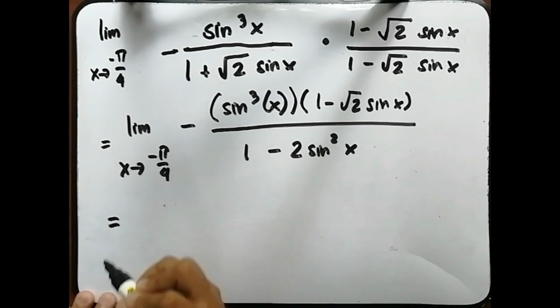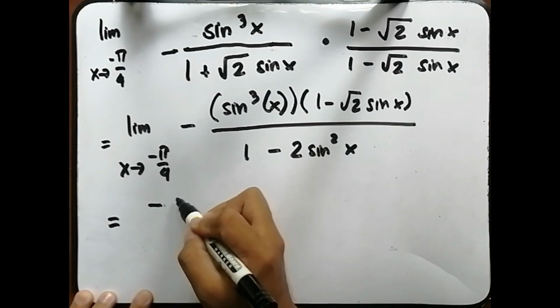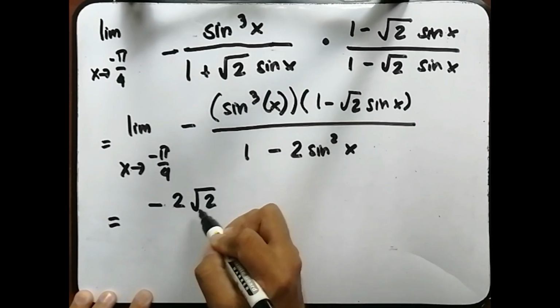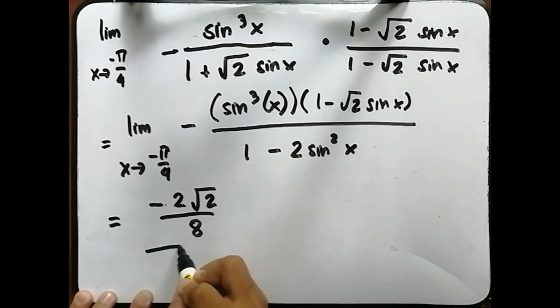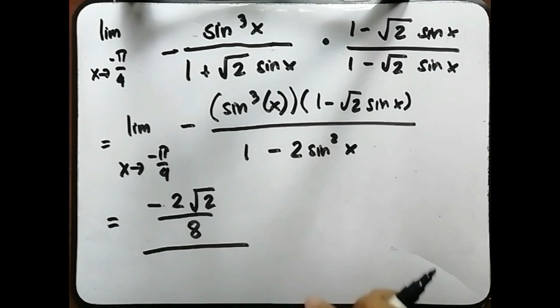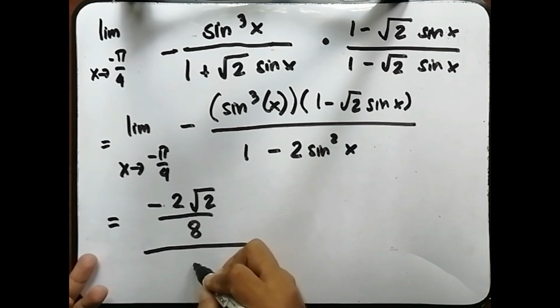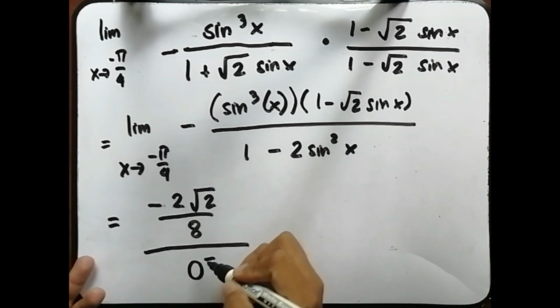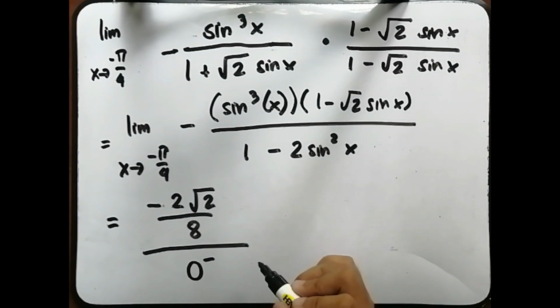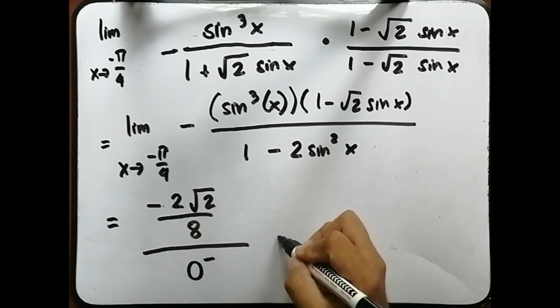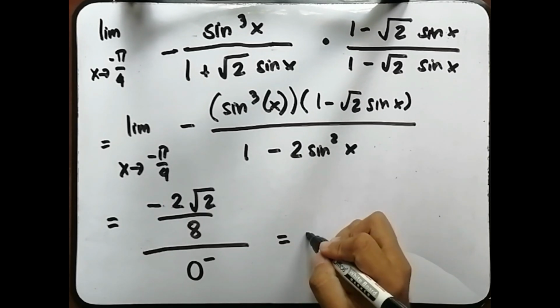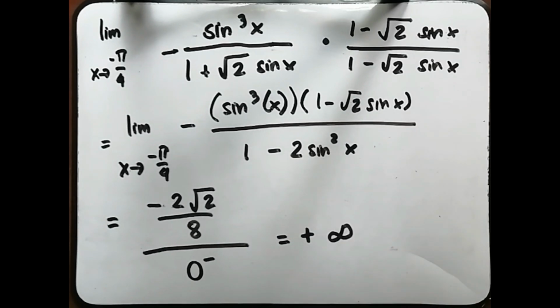By direct substitution, this is now equal to the negative of 2 square root of 2 over 8 over, eto naman magiging 1 minus 2 times sine squared of 45 degrees, 0 from the left. Okay, pwede yung i-check yan sa inyong calculators. So therefore, this is now equal to positive infinity.